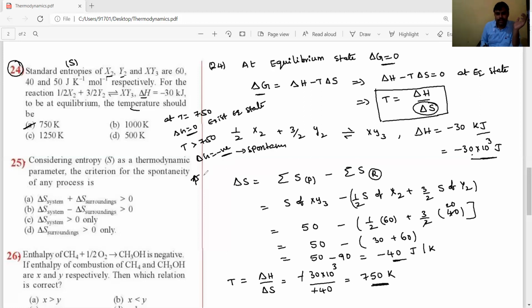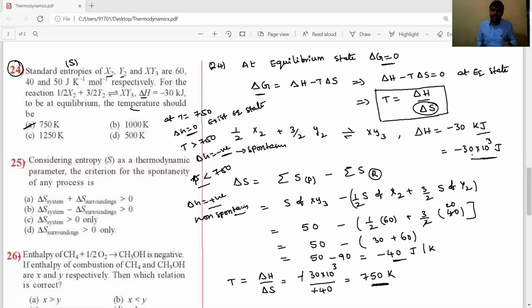Below 750, delta G is positive, and it is non-spontaneous. So these three conditions related questions we also explained earlier in the last video.